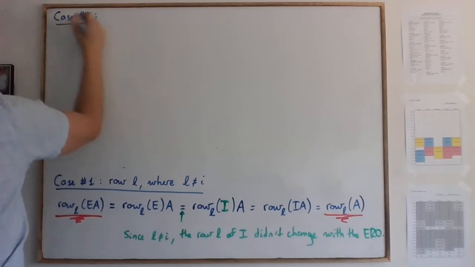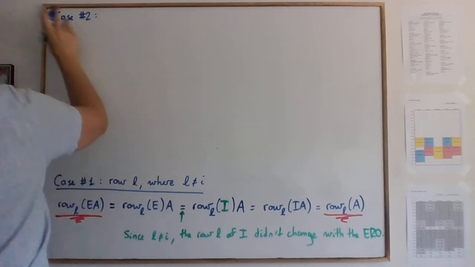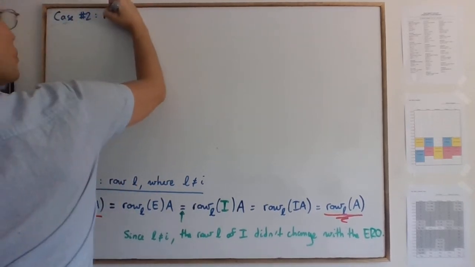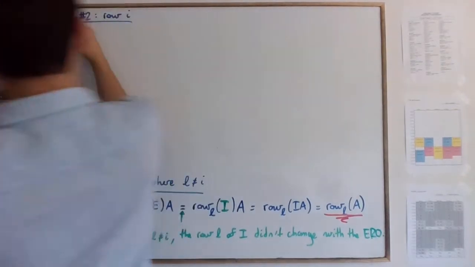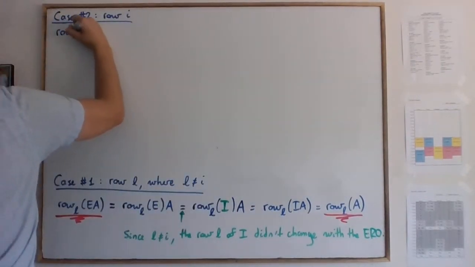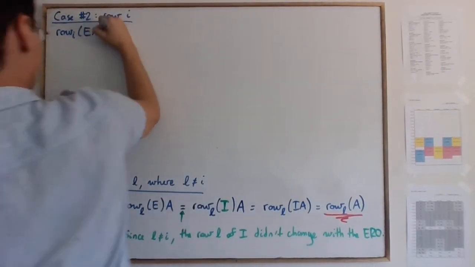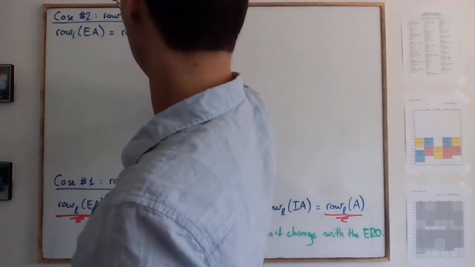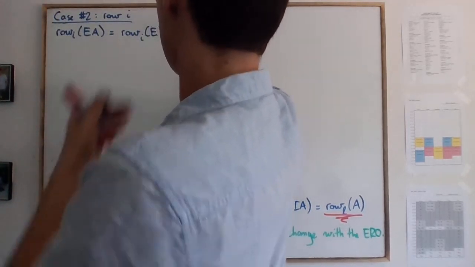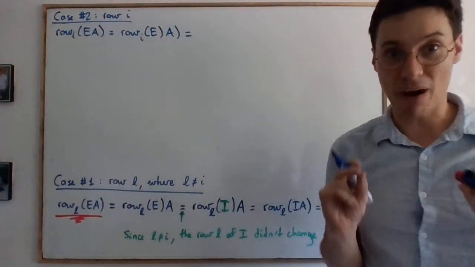So the case number 2, obviously, we're considering the row i itself. So now we have that row i of EA. And again, as usual, this part never changes. Okay, now tricky part, okay?